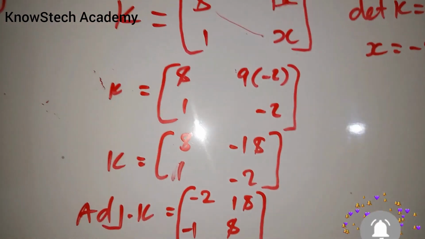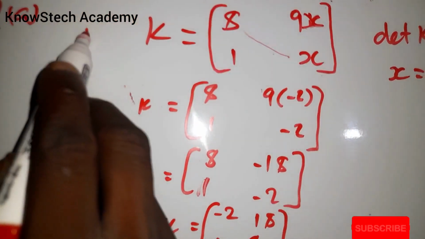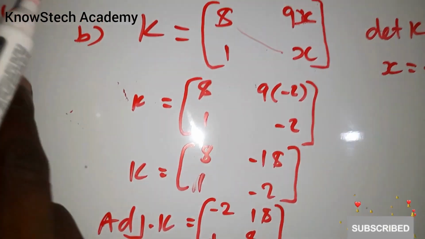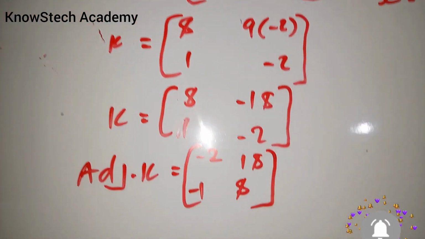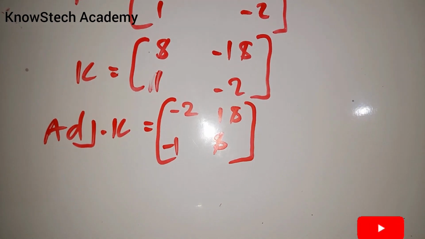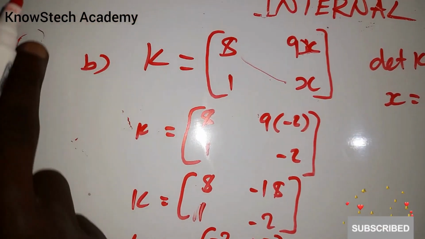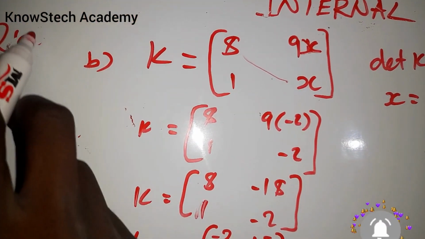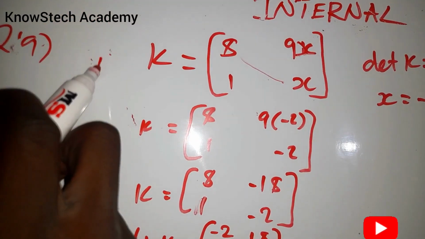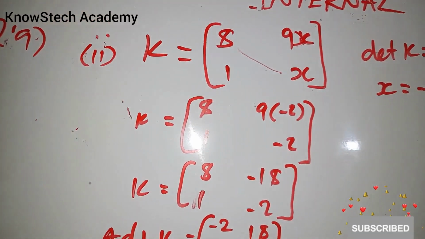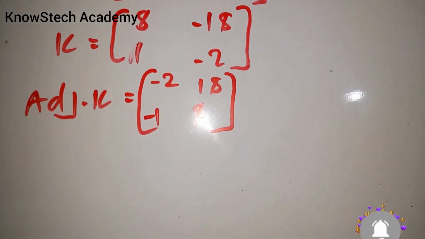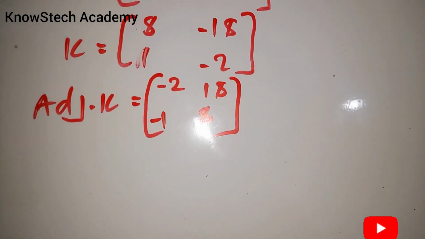Finding the inverse of this matrix, by the way, this is question A, Roman numeral 2. Question B is sets.